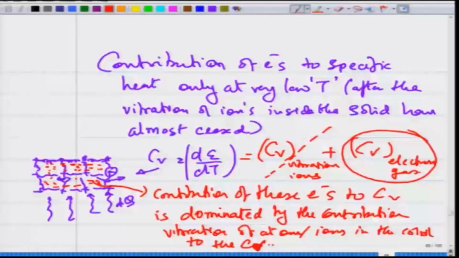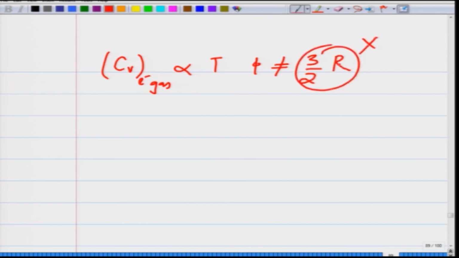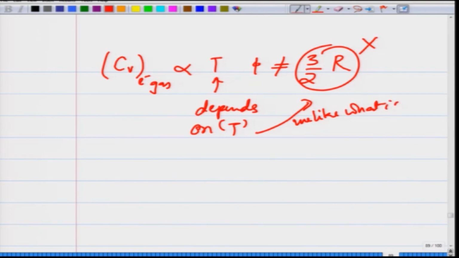The thermal energies are too low to cause vibration of these heavy objects, only the electron gas responds. And what you see is that the specific heat of the electron gas is proportional to temperature and is not 3 by 2 R. It clearly depends on temperature, unlike what is predicted classically.